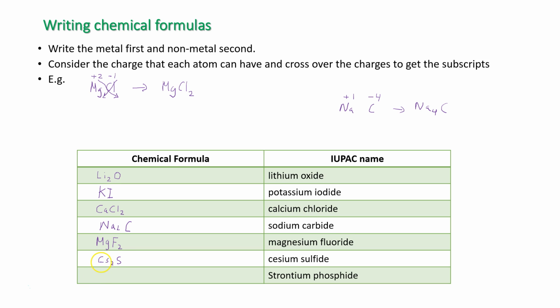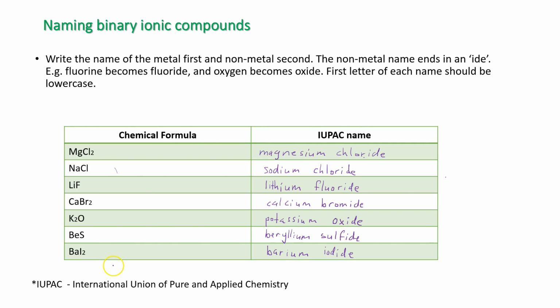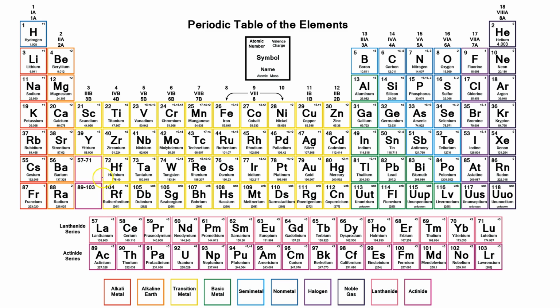Strontium phosphide. Strontium is Sr. It has a charge of +2. If we go to the periodic table and look at where strontium is, it's in group 2 over here, so +2 charge.